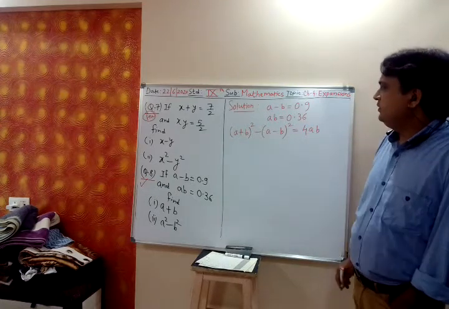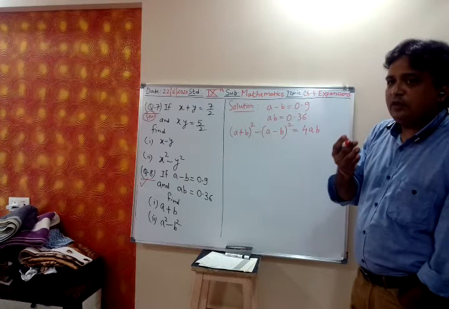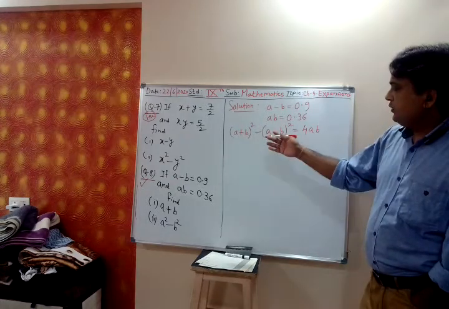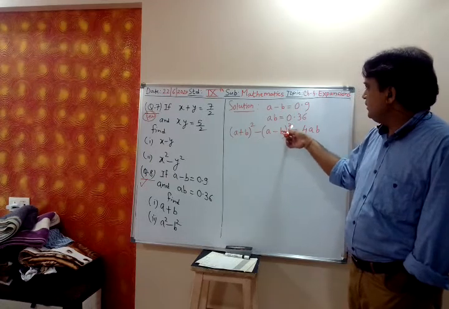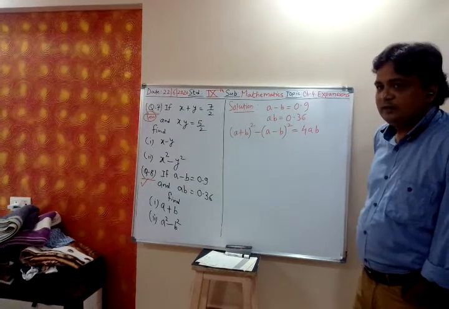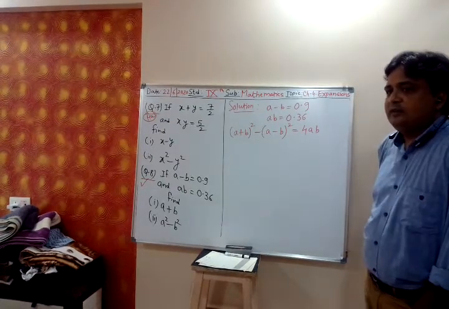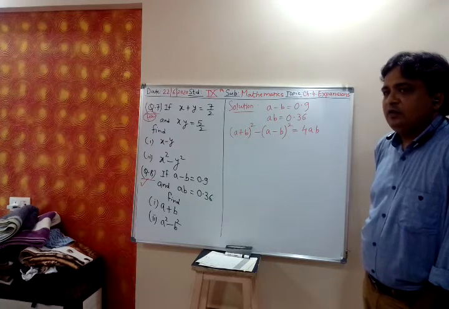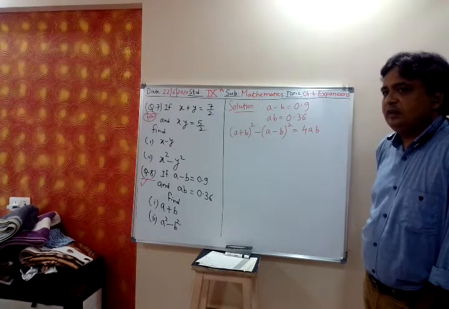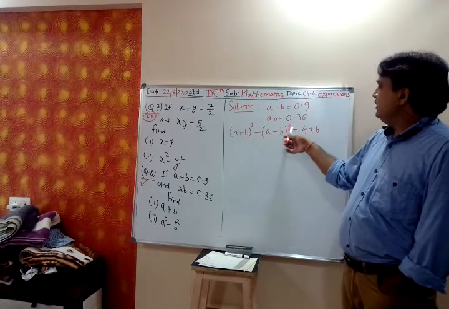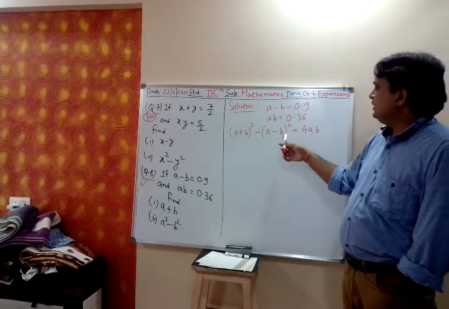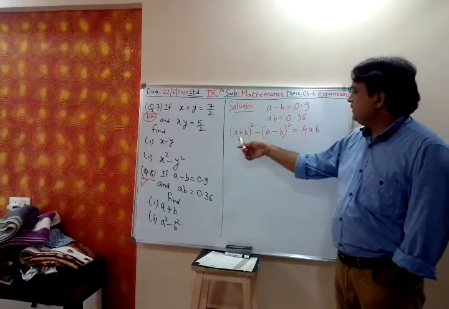Is it clear, all of you? This is the direct fourth formula that I am using, because in this formula we know the values.